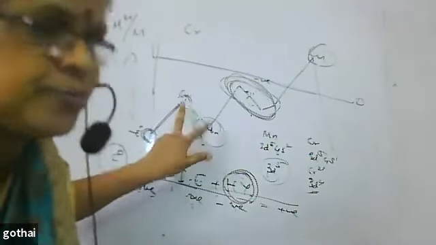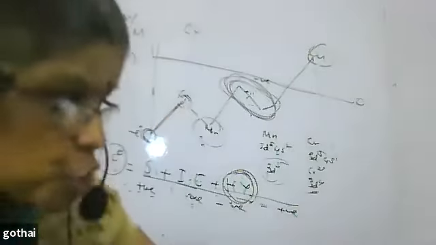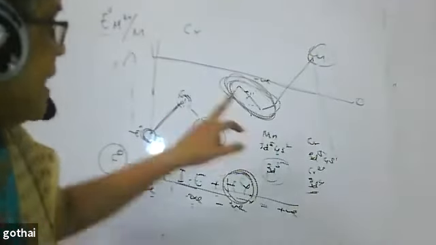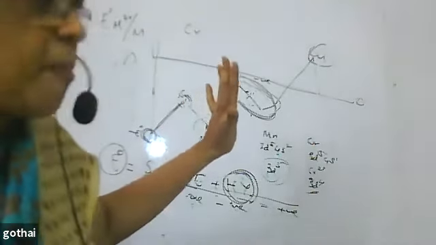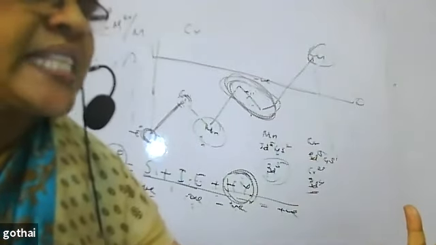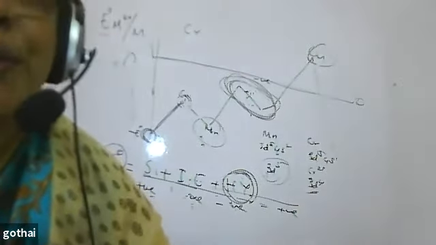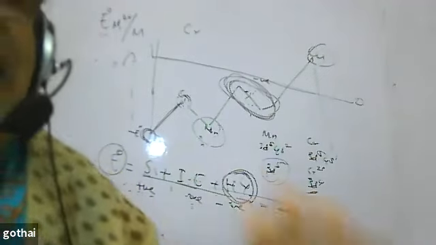Now, E naught is in the solution. If it is in the metallic state, not in the aqueous form, then I will talk in terms of atomic size and electronic configuration alone for ionization enthalpy.